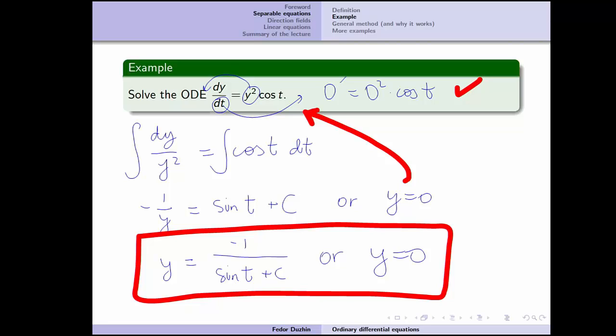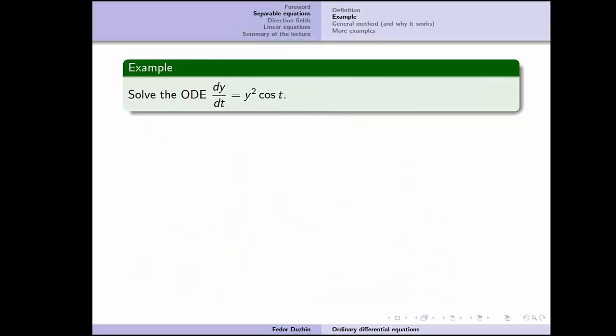Well, it kind of looks like magic, but let me try to verify if it is true. Right, so let us write y equals minus 1 over sine t plus constant, and let us see if it makes our equation into a correct equality. So the left hand side of our differential equation is the derivative of this with respect to t, so we should write minus.